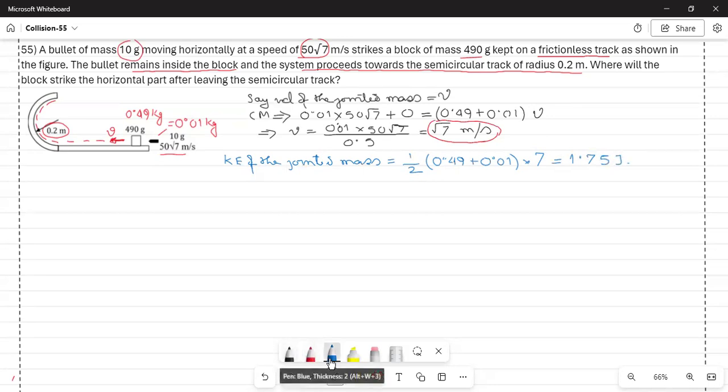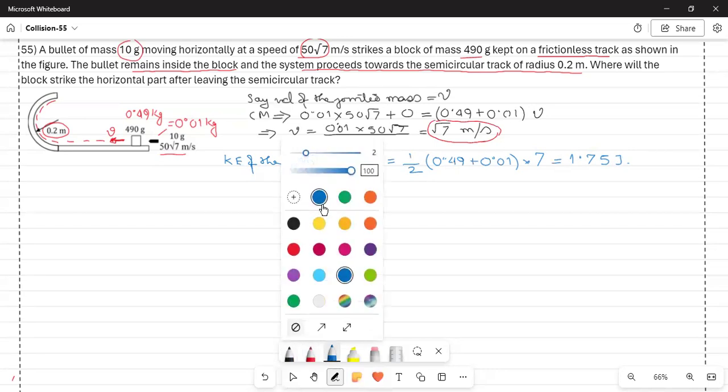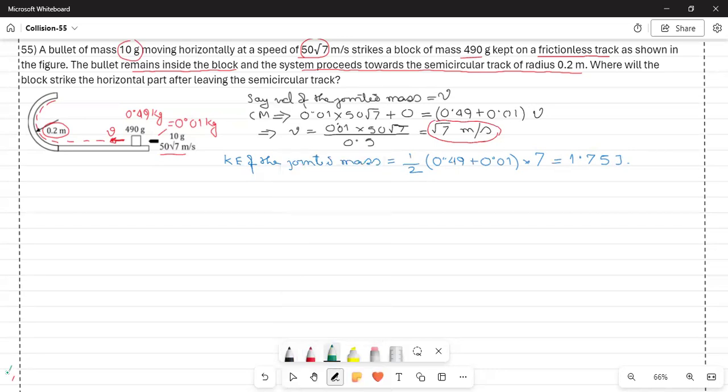Now let us do one experiment. We want to first find out how far will it rise? This is 0.2 meter, and this is also 0.2 meter, and total is 0.4 meter.